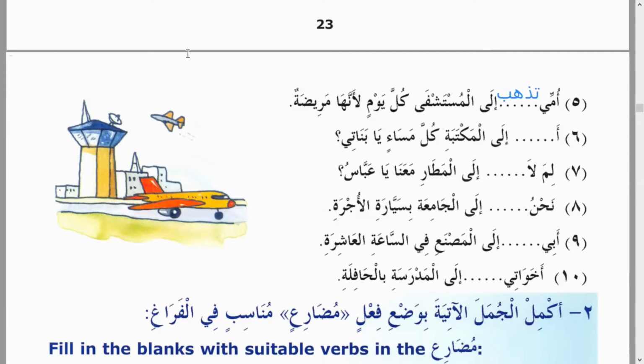Yes. So we are speaking to someone. Right? Ya has come. So ta should come when you're speaking with someone. Right? Do you go to the library every evening? Oh girl. Oh my daughters. Right? Banati. So you're speaking. So ta should come in the beginning.